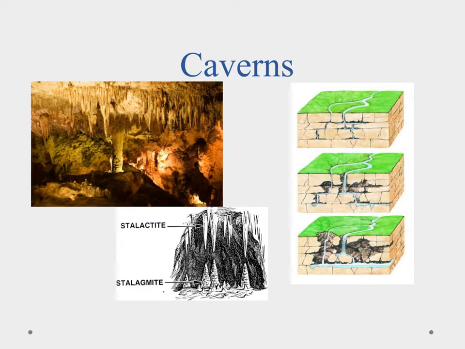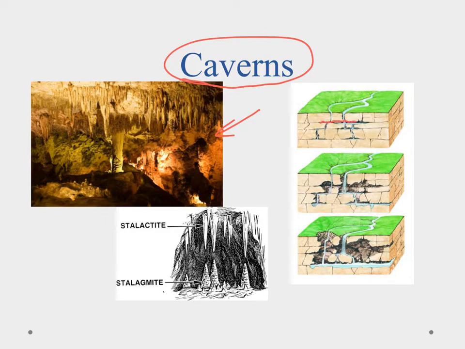Now, one of the most impressive geologic formations from groundwater is going to be these caverns. You can see a picture of them over here, just these incredible underground caves that are like a different world altogether. The way they form is that water comes down and gets into what we generally call limestone areas.